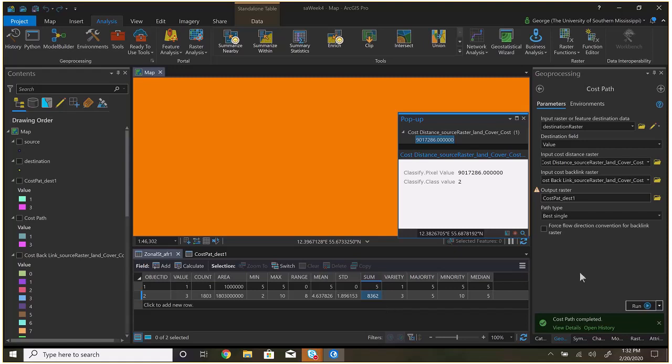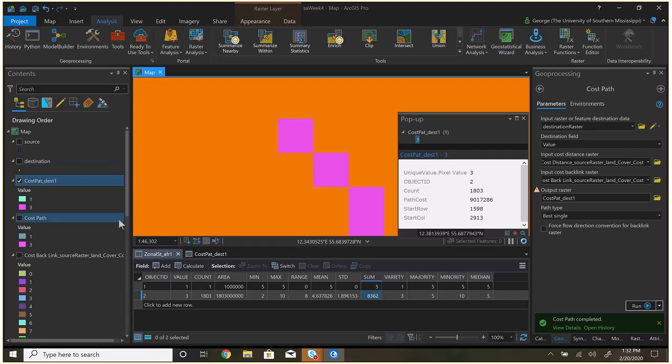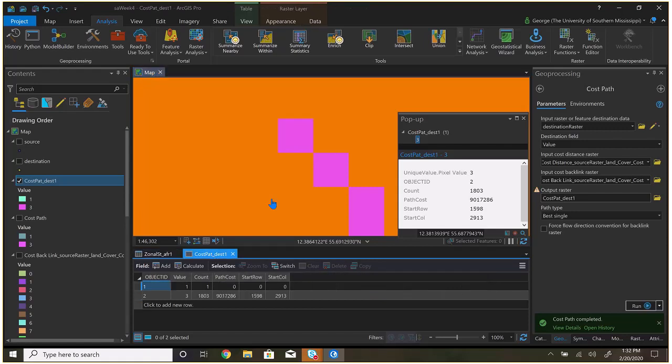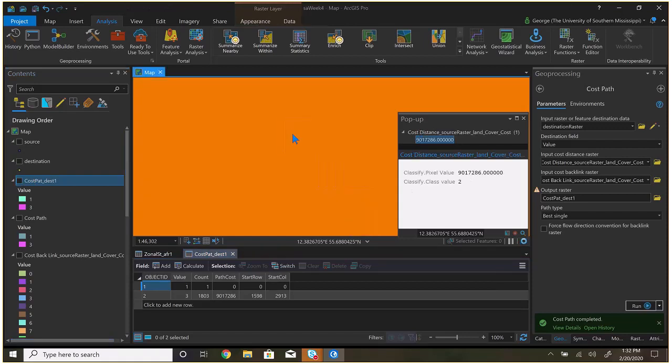Yeah, if you did it using the least cost path, you can get it. Maybe I did something wrong. I have to go back and look at the video. But you see how the number in here equals the number from just clicking on the cost distance right there. So that's the total cost distance to get there.